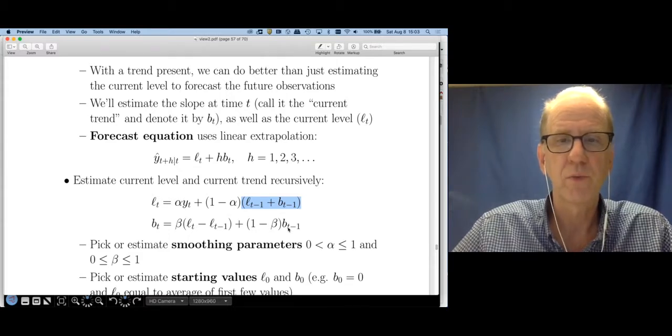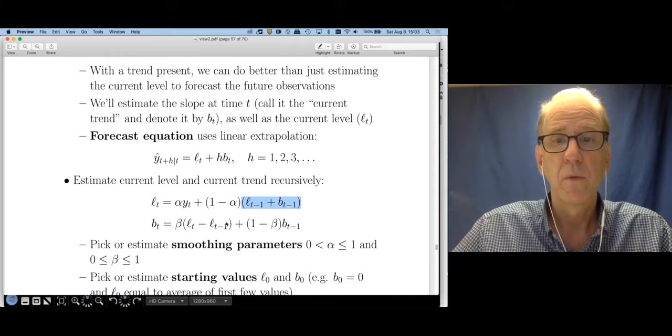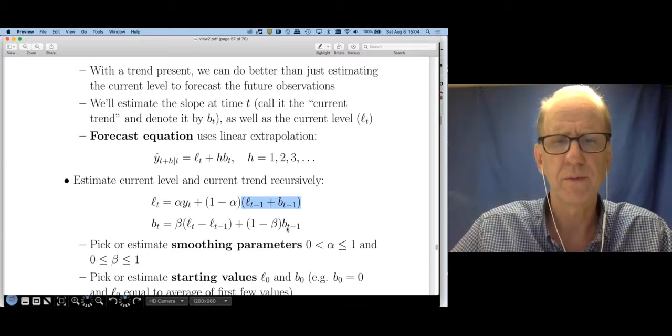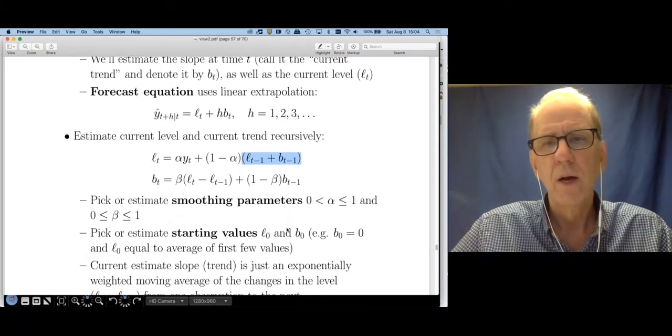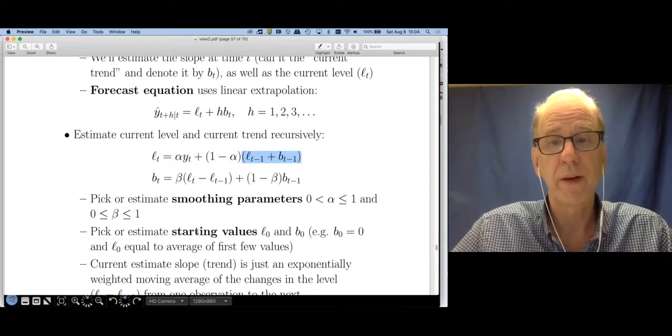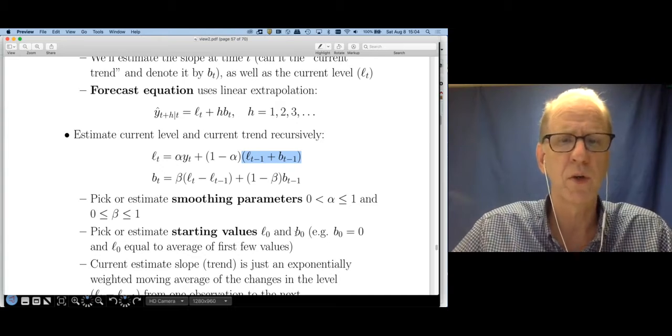And so in essence, what we're doing is forming a geometric series where we give less and less weight to previous slope values. All right, so now we have two smoothing parameters. We're also going to have two starting values. So we have to pick the starting level as well as the starting slope.